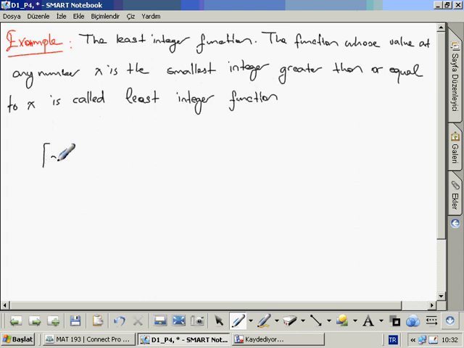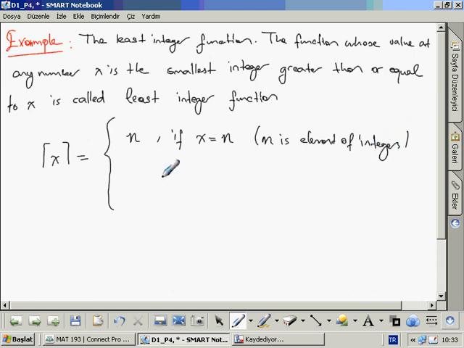And it can be defined with this symbol: n if x is equal to n, where n is an element of the integers, and it equals n plus 1 if x is larger than n and less than n plus 1.